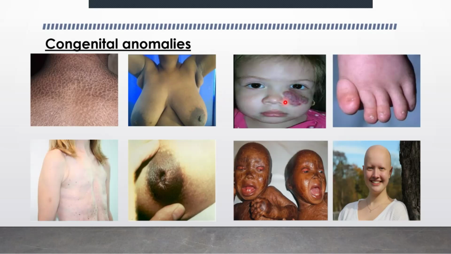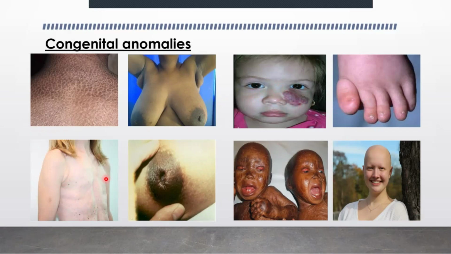And in this one, you can appreciate proliferation of capillaries on the skin. This is cavernous hemangioma. In this other slide, you can appreciate these digits. So these are congenital anomalies.